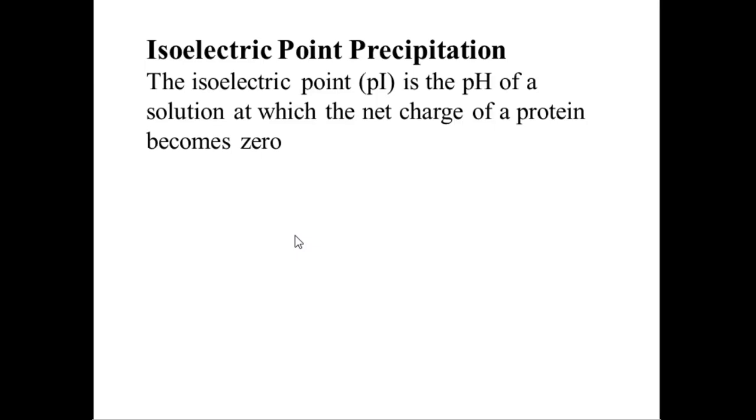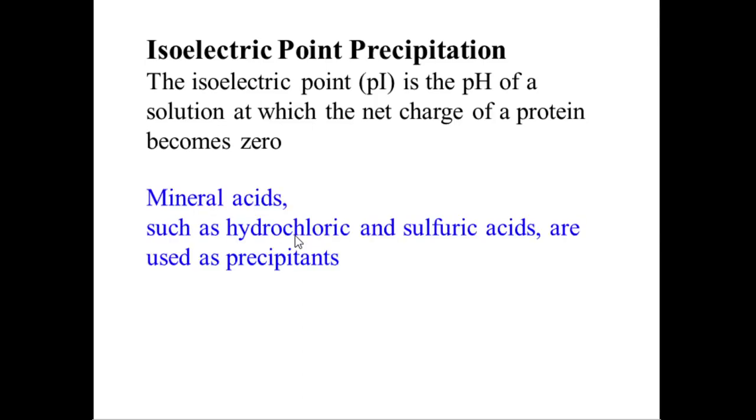At the pI value, the negative and positive charges are balanced. The effect is that it reduces repulsive electrostatic forces and the attraction forces predominate. So this causes aggregation and precipitation.